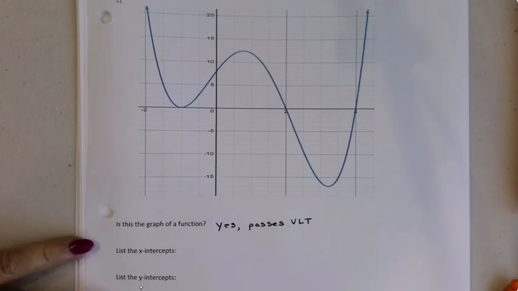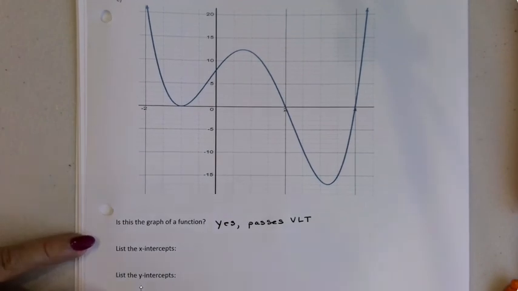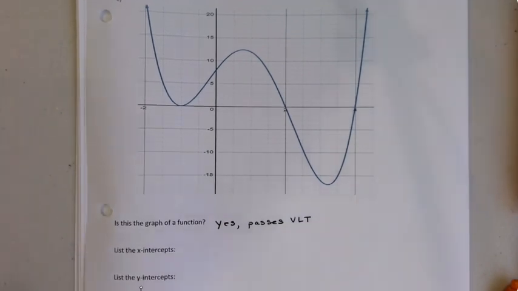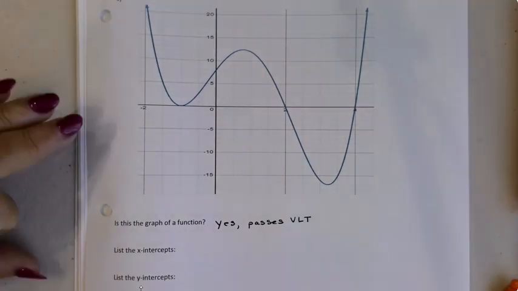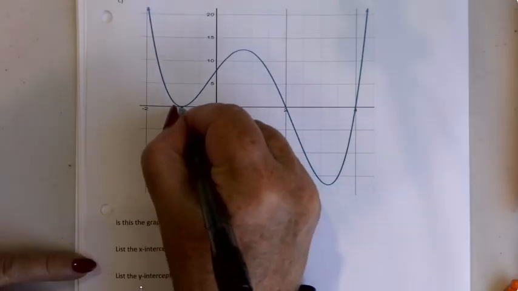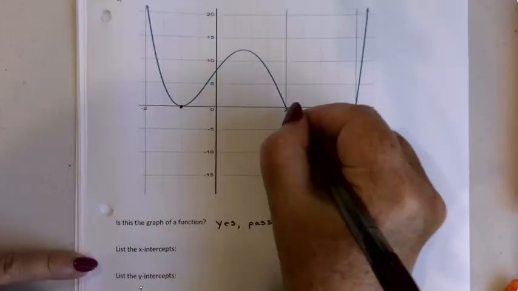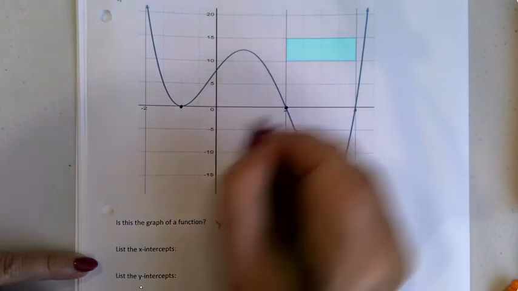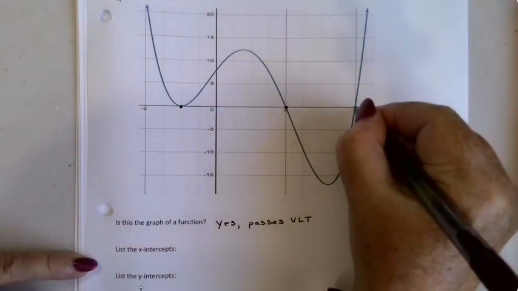All right, next, list the x-intercepts. There are actually several of them. How many do you see? I'm looking at 3. There's an x-intercept here, here, and here.